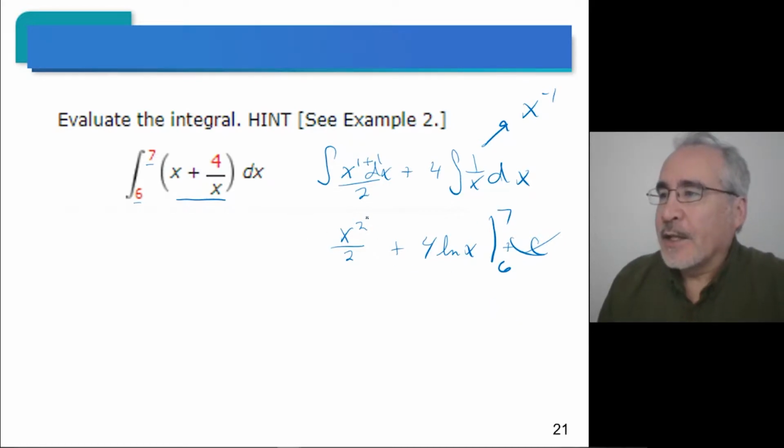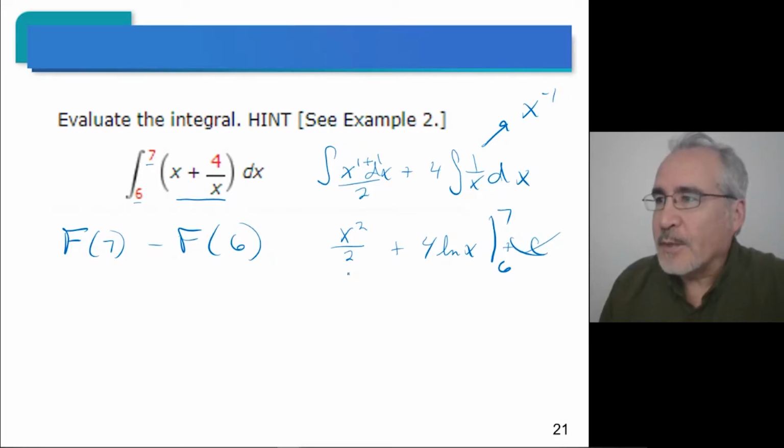And the way the fundamental theorem of calculus says, we plug in the 7 first, and then we subtract the function with 6 plugged in. So did I get all of this right? I think, yeah. So you notice this is really big F. We're going to take big F at 7 minus big F at 6. And this is the function big F.